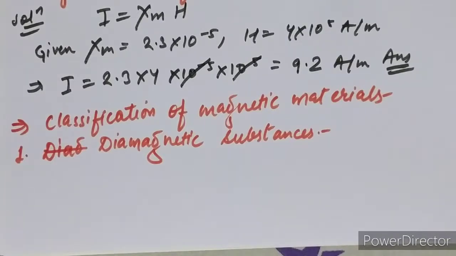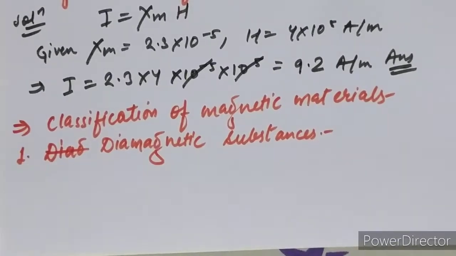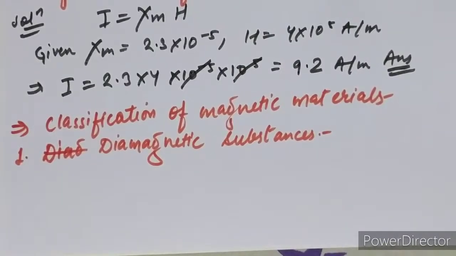These materials are called diamagnetic materials, and their property is diamagnetism. Examples: copper, zinc, antimony, bismuth, and hydrogen, H2, N2, gold, silver, air, water, diamond. So, what is a diamagnetic substance?